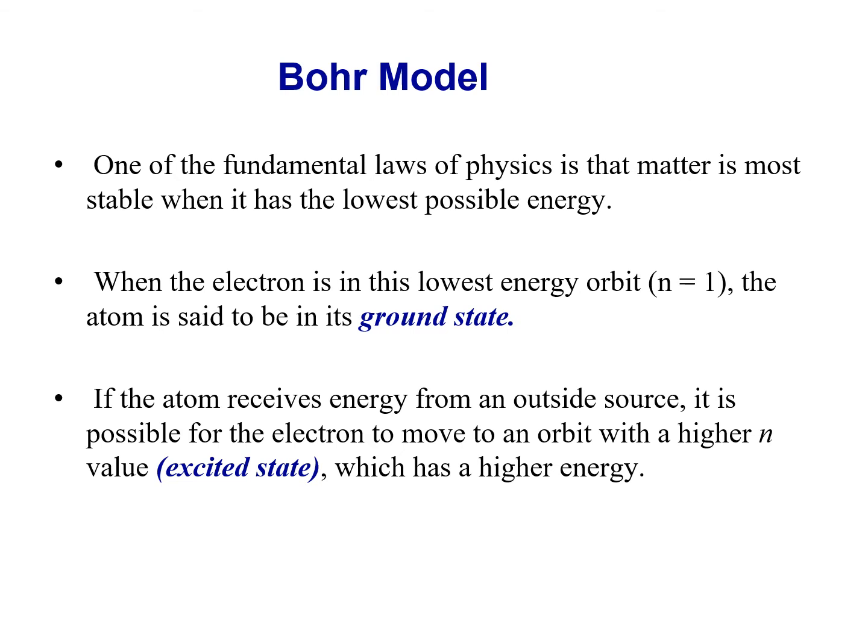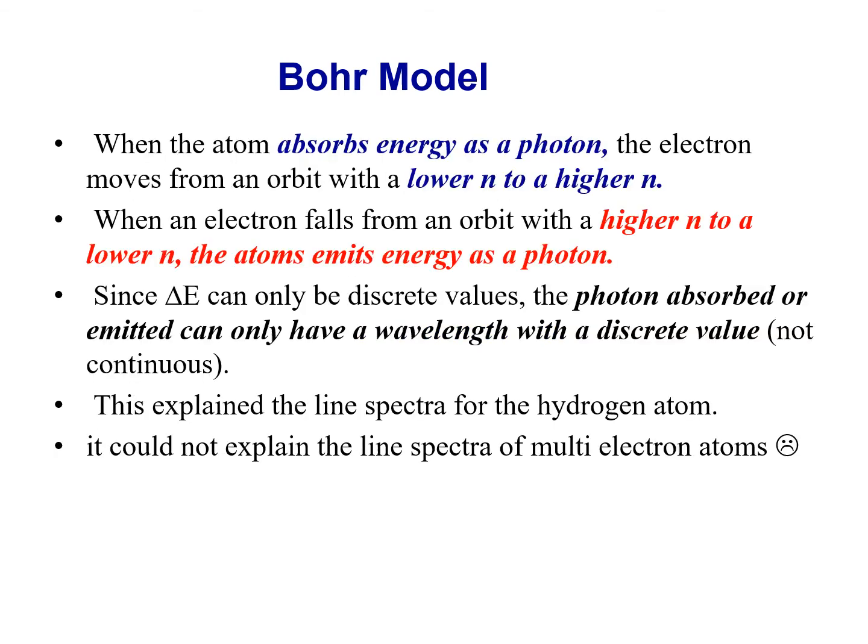On the other hand, if the atom takes up some energy, let's say we bombard it with some kind of electromagnetic radiation, then it is possible for the electron to move from a lower energy level to a higher energy level, which we would call the excited state.